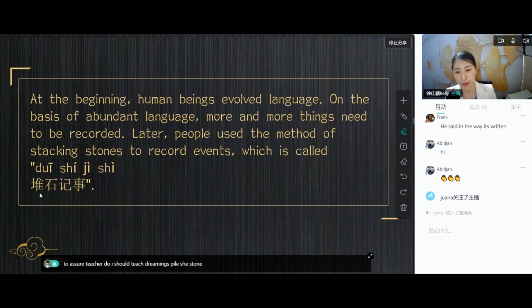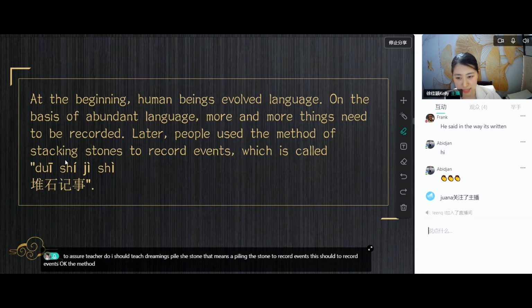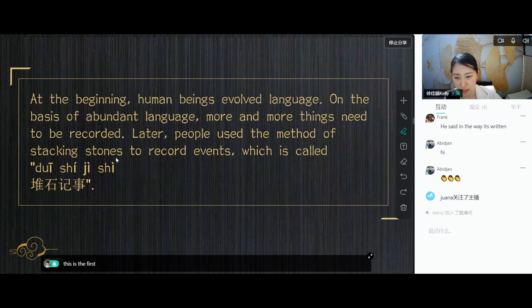That means piling the stones to record events. 记事 means to record events. The method is called stacking stones to record events. This is the first method that the Chinese people tried in human history to record events.